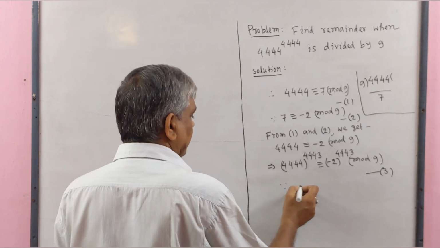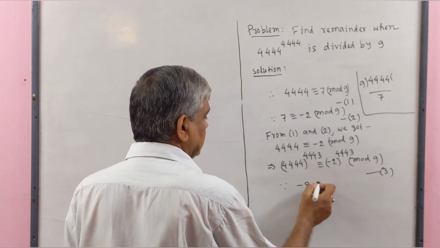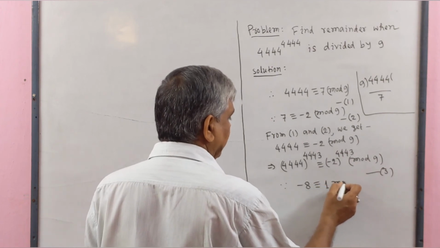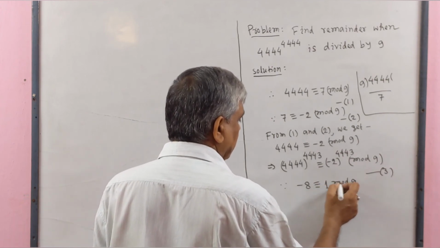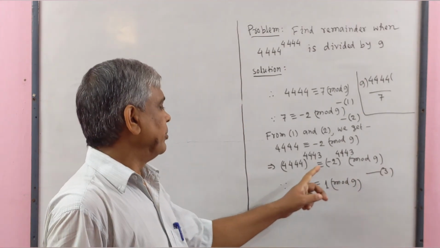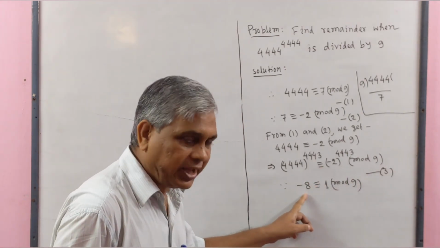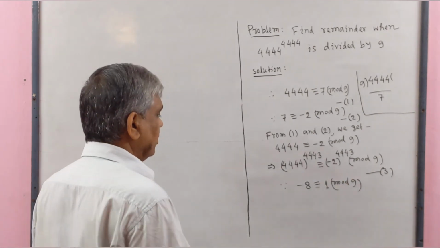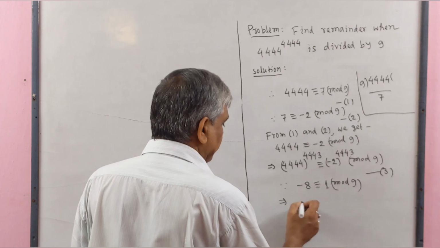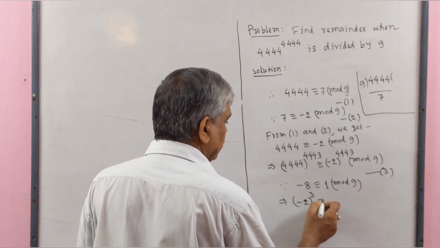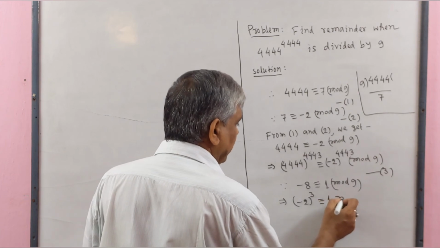Since -8 is congruent to 1 modulo 9, because -8 minus 1, which equals -9, is divisible by 9, this implies that -2 to the power 3 is congruent to 1 modulo 9.